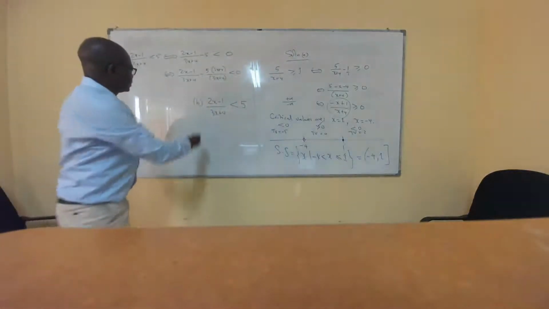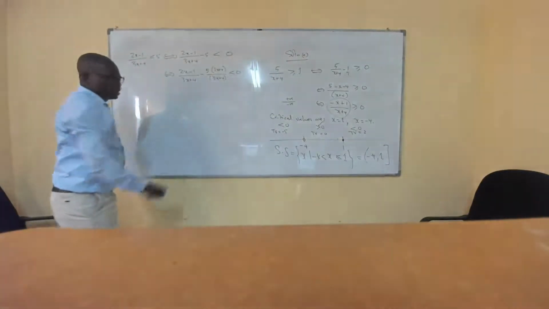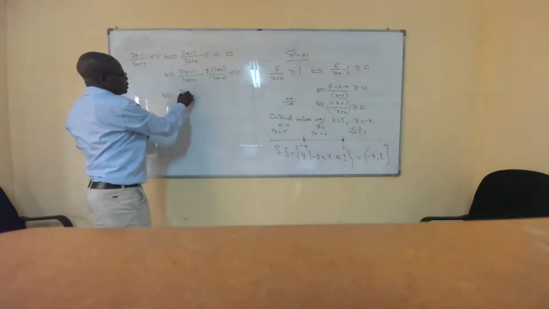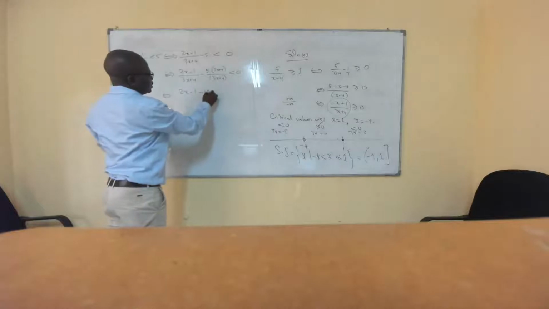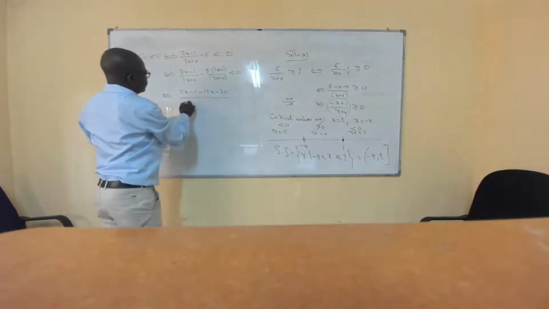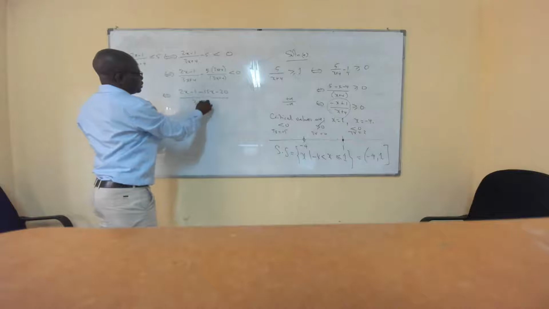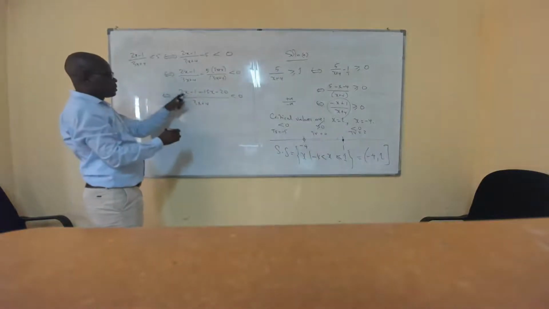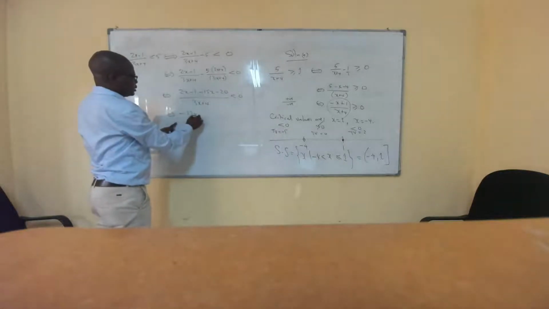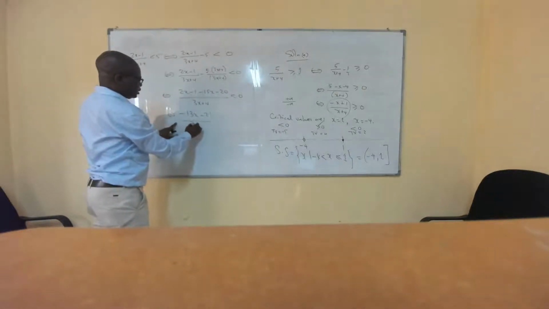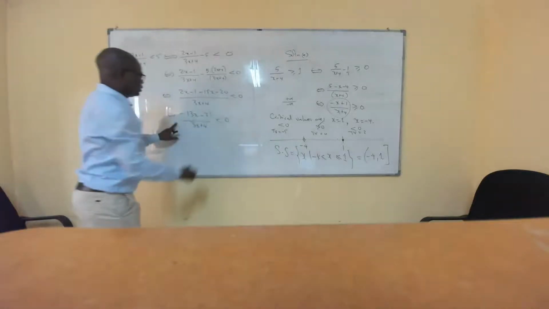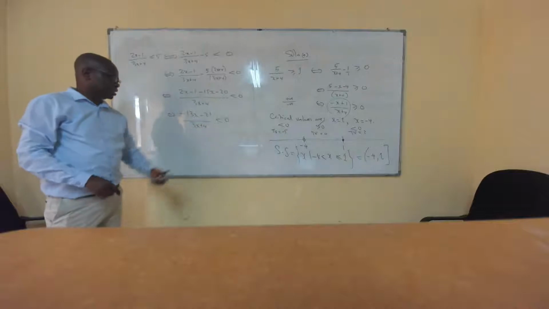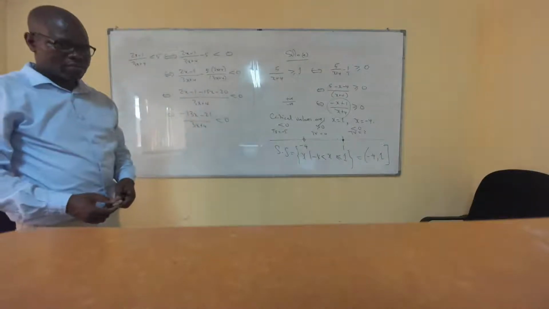If I do this, it allows me to write this nicely as 2x minus 1 minus 15x minus 20 over 3x plus 4 is less than 0. Simplifying this, it will be minus 13x minus 21 over 3x plus 4 is less than 0. Remember here it's still less than 0.